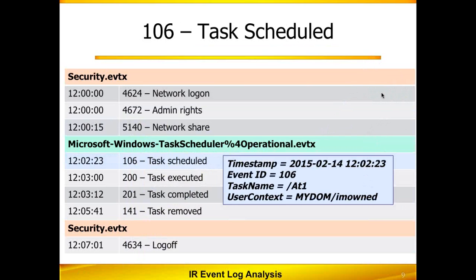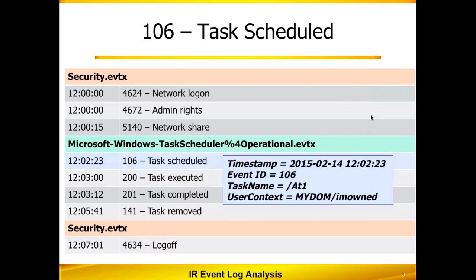All right, so 106. We've got a scheduled task named @1 that's been registered by our owned domain admin account. Typically, in an IR situation like this, the attacker is trying to move very quickly. So you'll see them scheduling a task in 1 minute, and then that task will run at the top of the next minute.